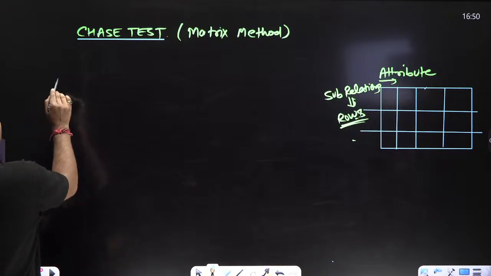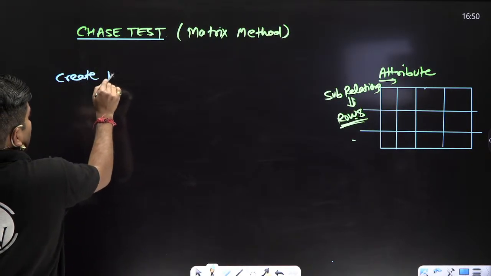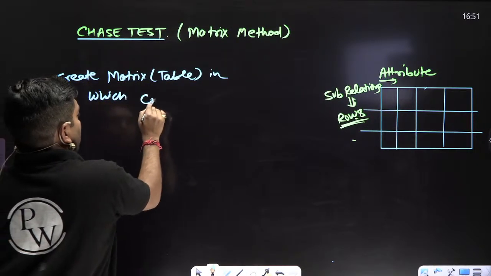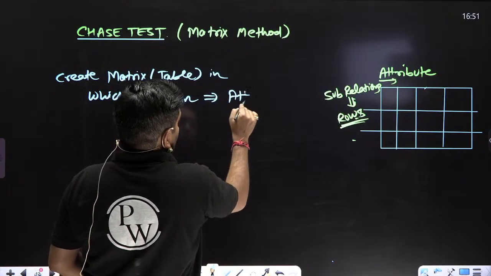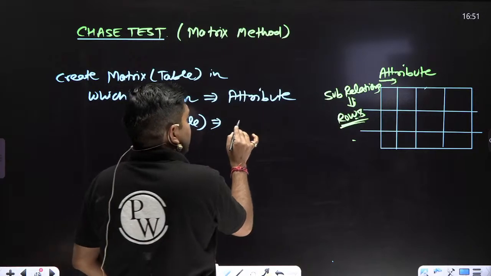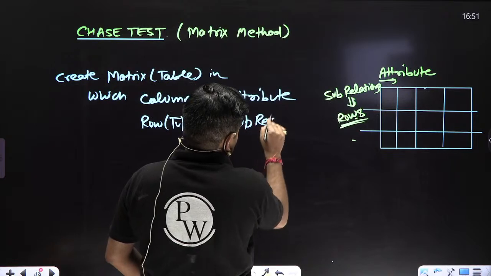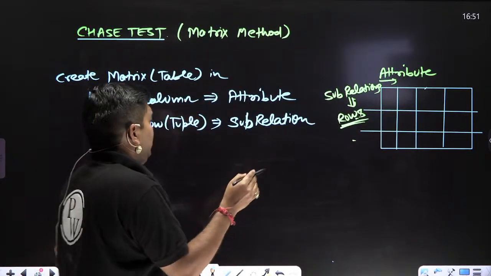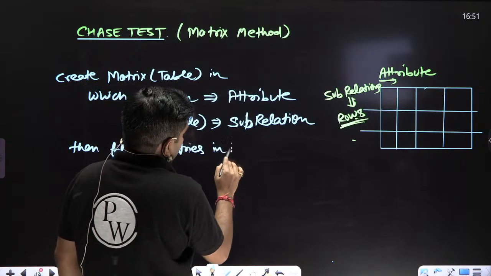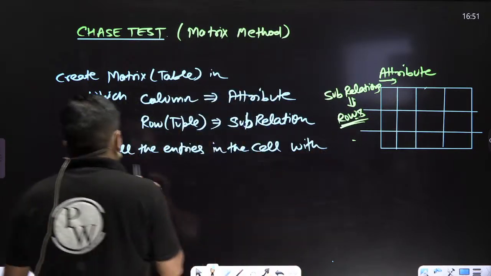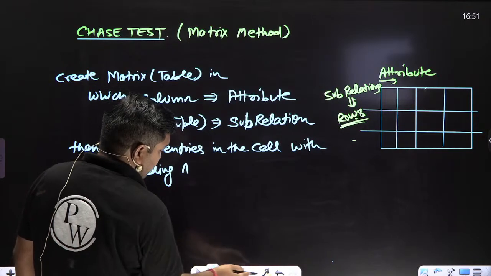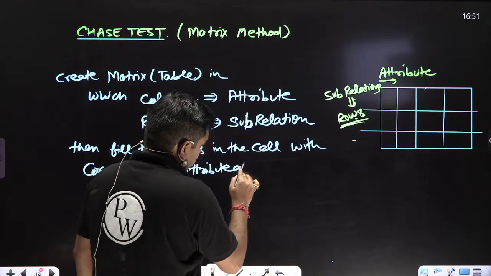Okay, chase method. First of all, we create a matrix. You can say a table, in which columns represent attributes and rows represent tuples, the sub-relations. Then we fill the entries, the cells, with the corresponding attribute of the corresponding sub-relation.